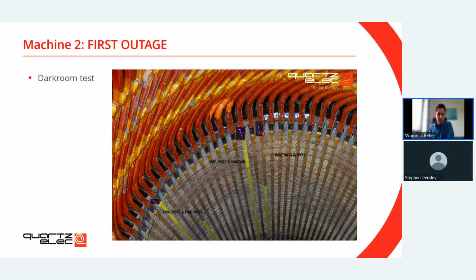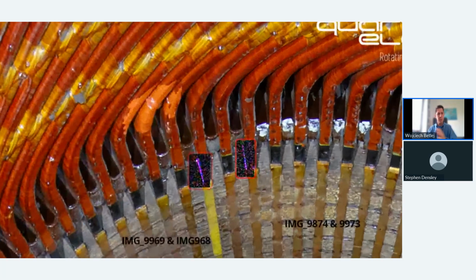We also performed something called a darkroom test. What you do is put the whole stator into a dark room, and with a camera you try to detect visible partial discharge. What you see here is two pictures overlapped: one taken during the day when the light was on, and the other taken when it was completely dark.